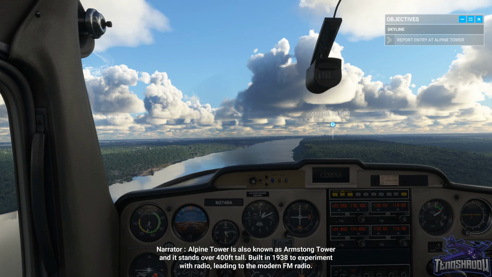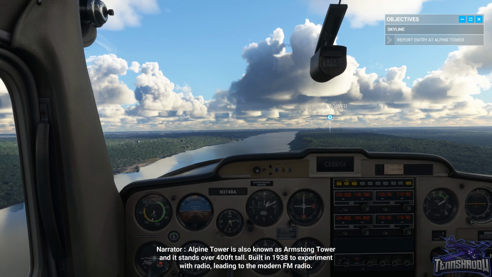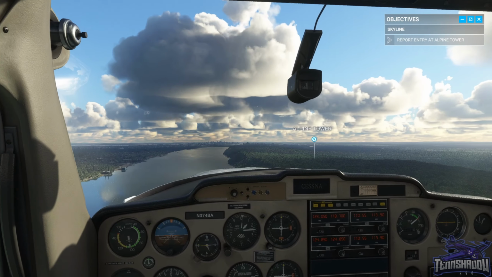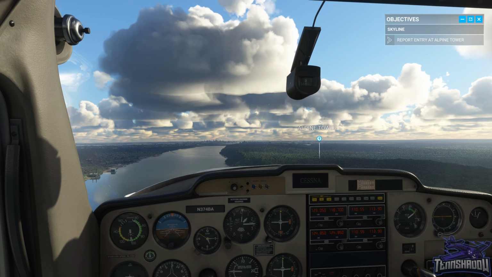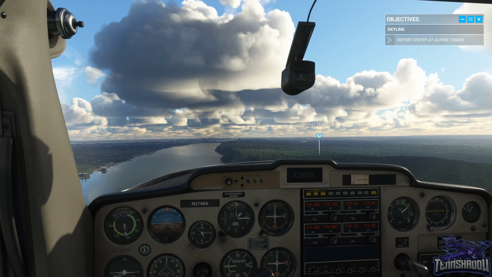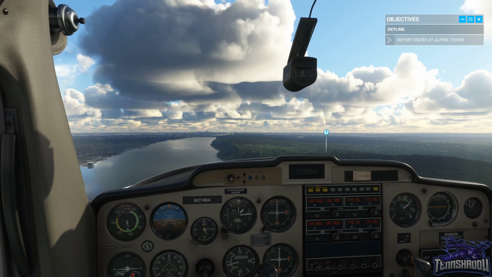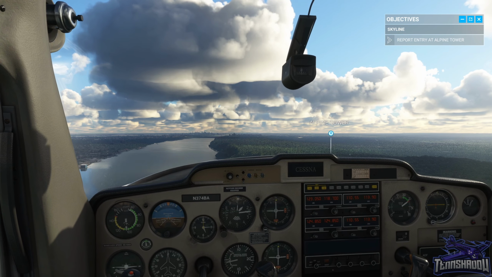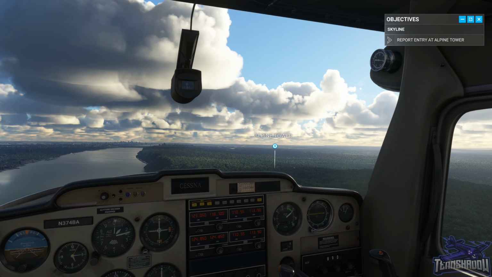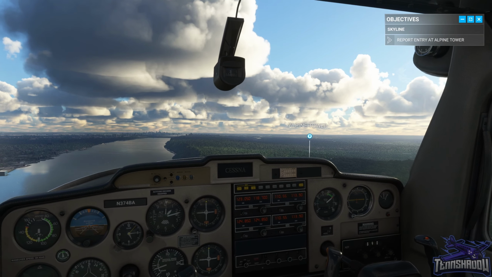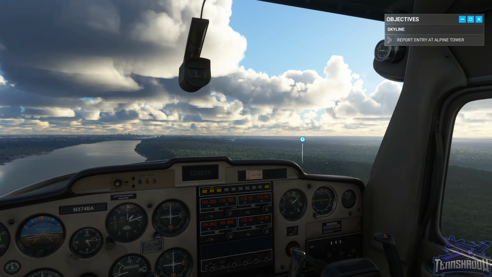Built in 1938 to experiment with radio, leading to the modern FM radio. I'm not sure Alpine Tower is even modeled. Doesn't look like it.